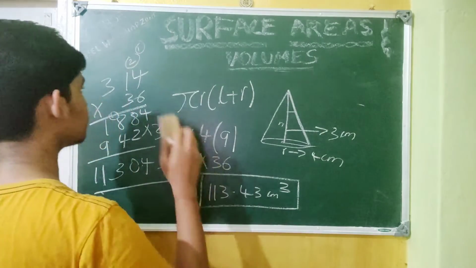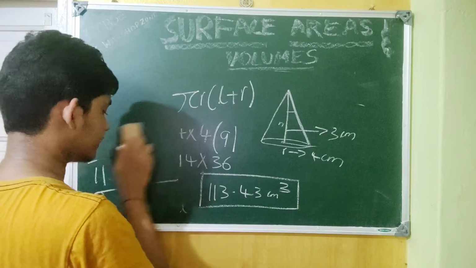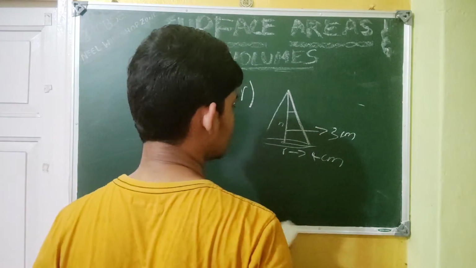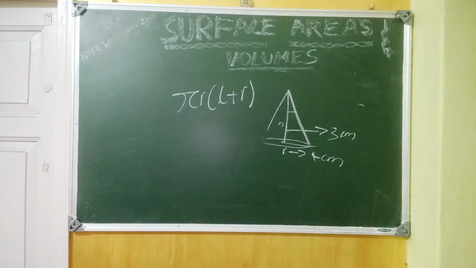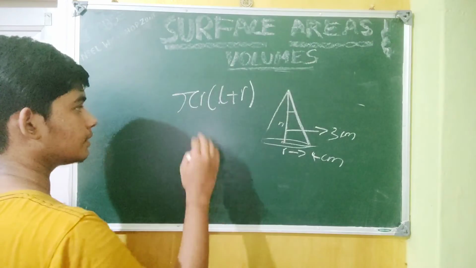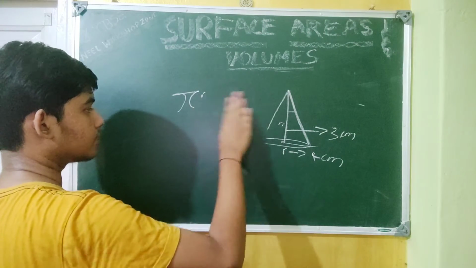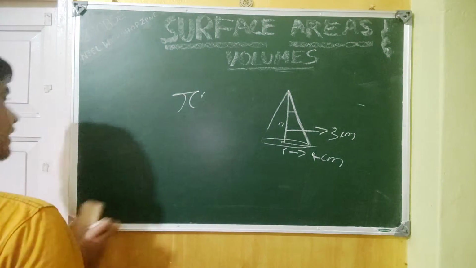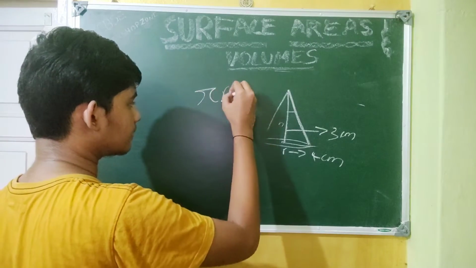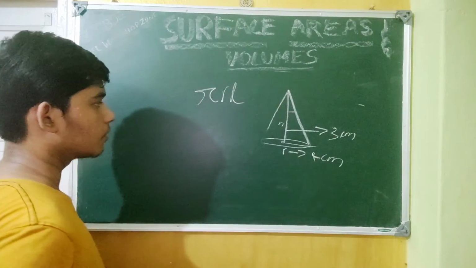Now that we have found the surface area of a cone, let's find the curved surface area of a cone. The formula is actually pretty simple. It's pi into r into L. So that's pretty easy.